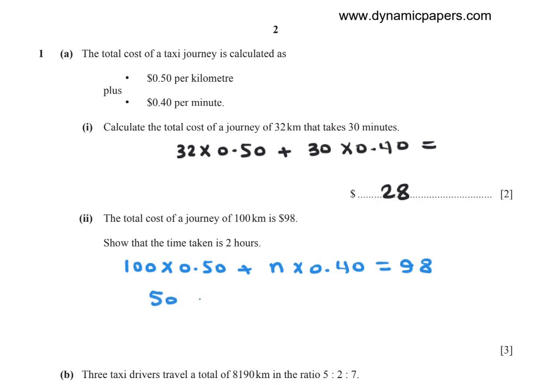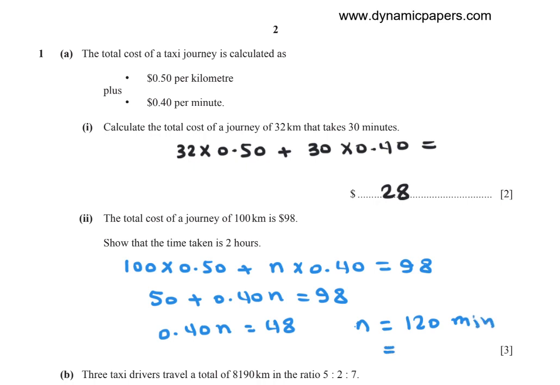So 50 plus 0.40n equals 98. So 0.40n equals 98 minus 50, which is 48. Divide by 0.4. So n equals 120 minutes. To convert to hours, this means 2 hours.